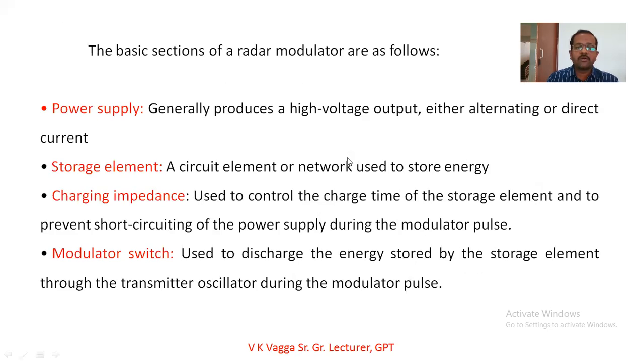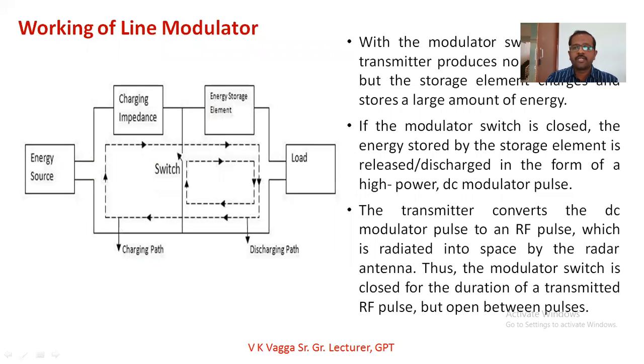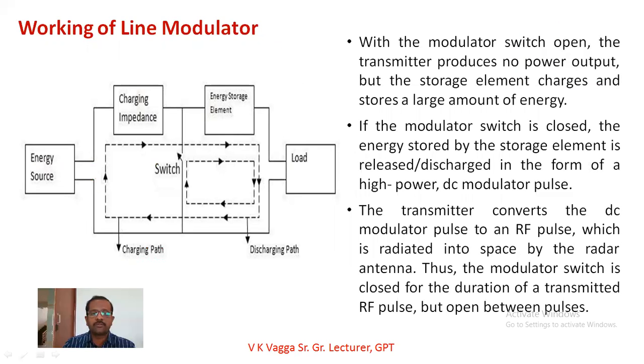And if you take the working principle of the line modulator, it is with the modulator switch open. If you assume this switch is open here, the transmitter is going to produce no power at the output, but the storage element is going to charge and store a large amount of energy. It's very simple.